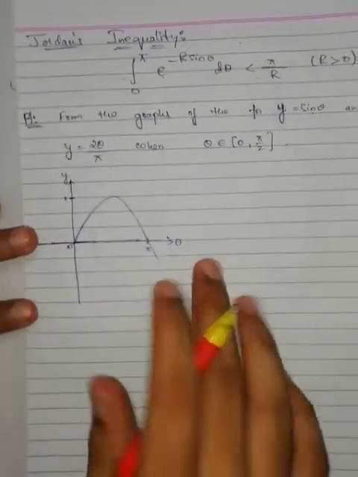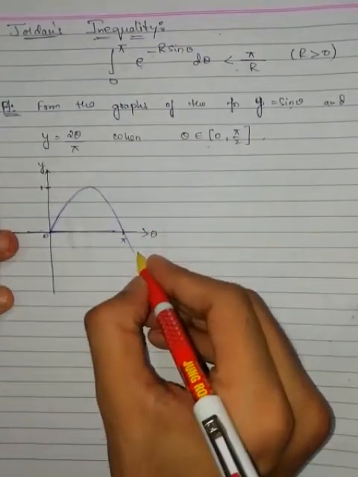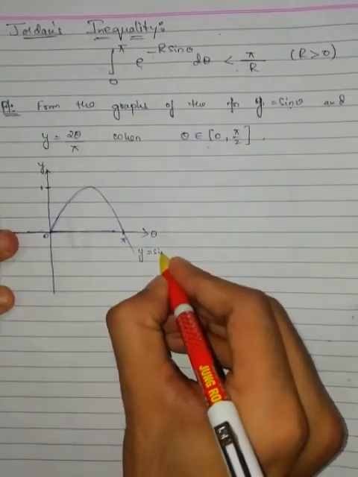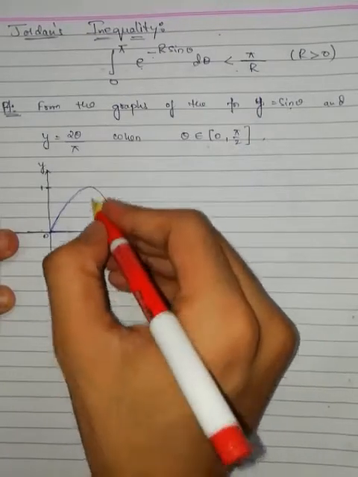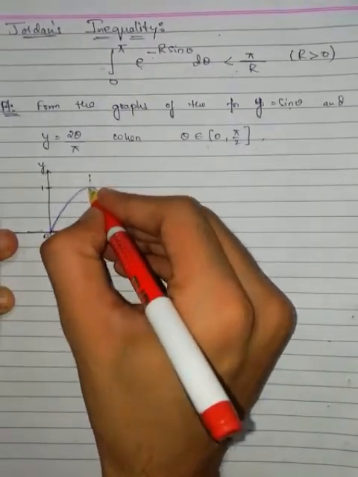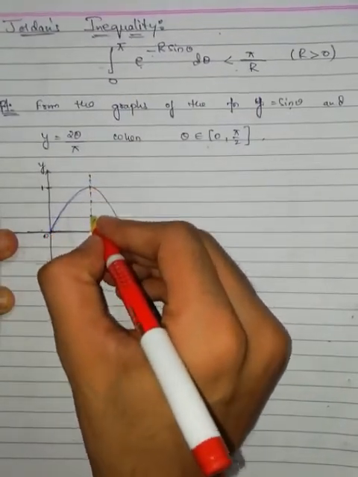This is the graph of y is equal to sin theta, and at pi by 2 its value is 1.